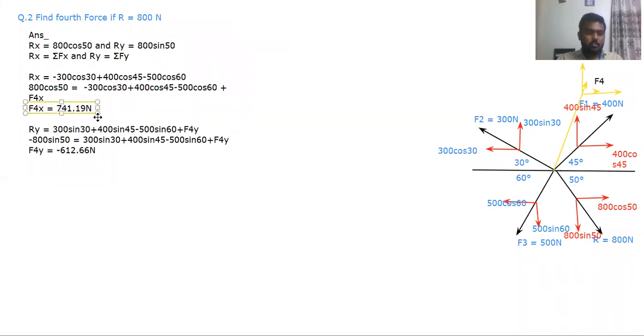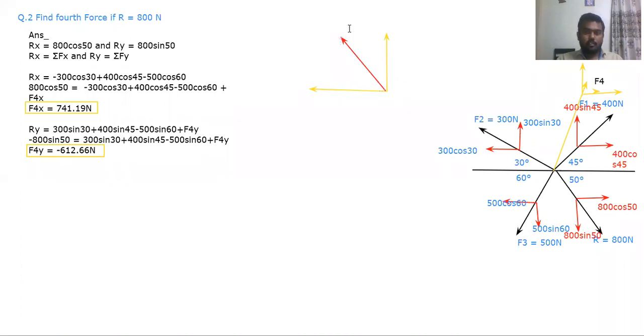F4x is positive, F4y is negative. So let's draw the forces here. Fx is positive, means the direction is positive. Fy is negative, means in which quadrant is it acting? It is acting in the fourth quadrant, correct? So the resultant force is acting in that quadrant.